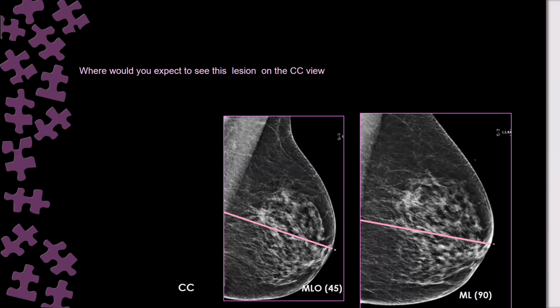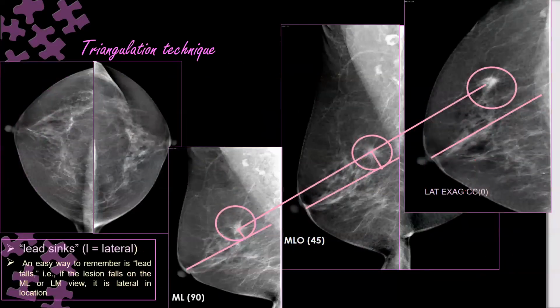In the case of this lesion, do we do the lateral first, or go straight to the extended lateral? Because in the extended lateral it is sharper and clearer. It depends, case by case. From this CC it is clearly lateral, because I could see all the medial portion up to half of the breast, but I could not see the lateral portion.